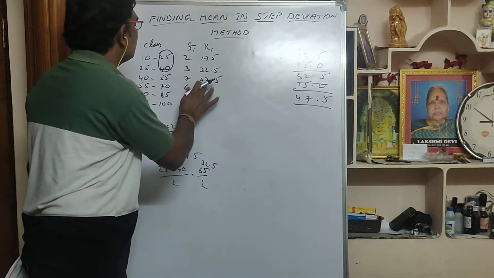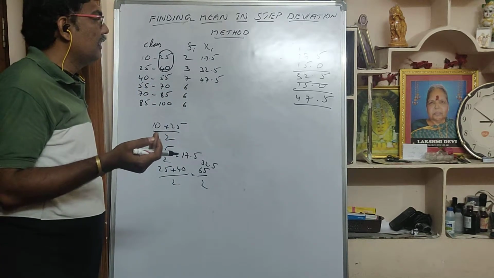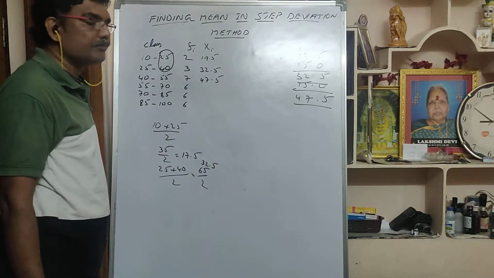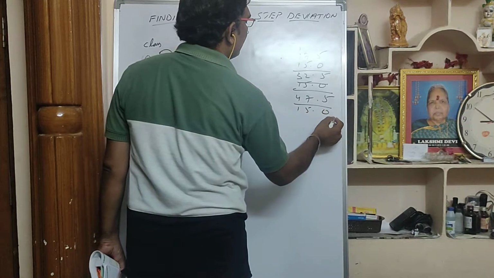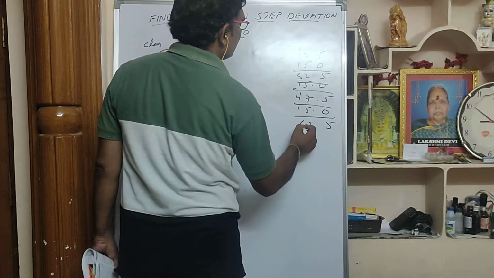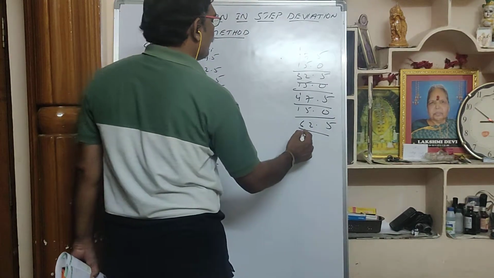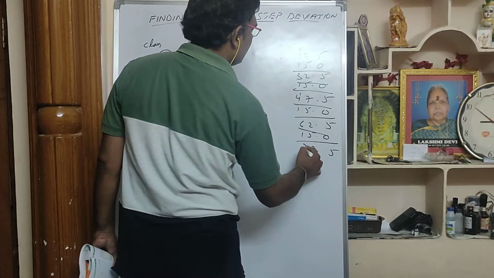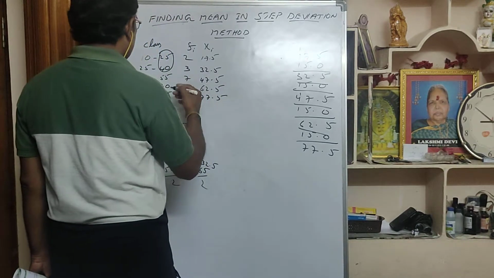This is nothing but 40 plus 55, which is 95. If you divide 95 by 2, you also get 47.5. Again, for 47.5, if you add 15, you get 62.5. For 62.5, if you add 15 again, you get 77.5.